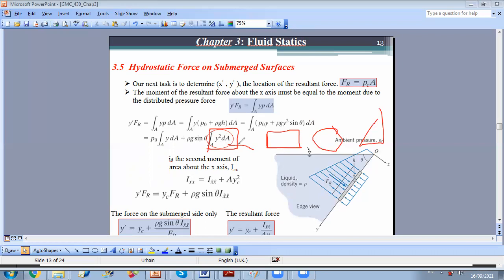All you have to do إنه to go to the formula sheet وتشوفوا شو هي الشيب وتنقوا ساعتها what is its second moment of area.